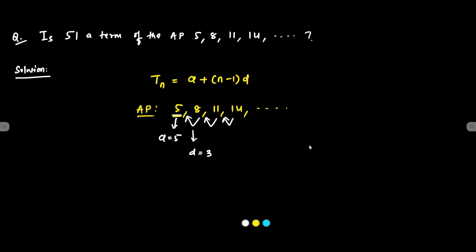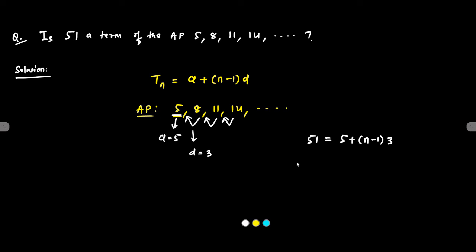Here we will write 51 as if it is already a term present in the sequence. We'll assume that it is present and substitute the values: 5 plus n minus 1 into d, that is 3.